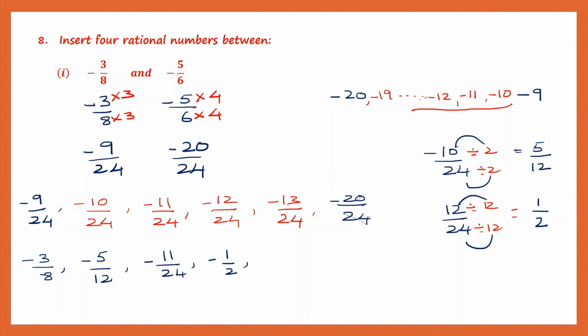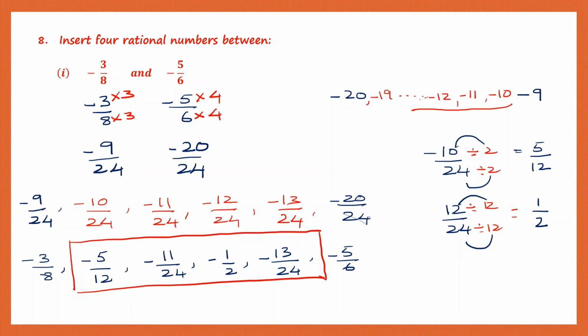The next one is minus 13 by 24, which cannot be reduced. Minus 13 by 24. And minus 20 by 24, from the question it is minus 5 by 6. Now what are the four rational numbers that we have inserted? These are the four rational numbers that we have inserted between minus 3 by 8 and minus 5 by 6.